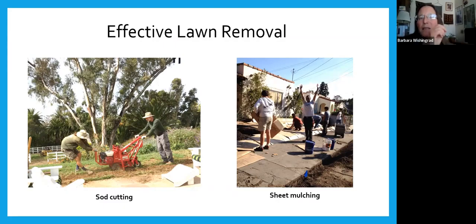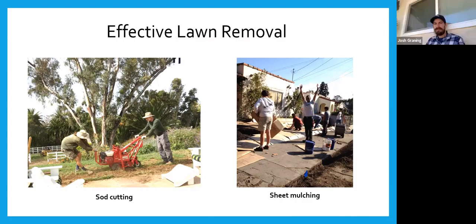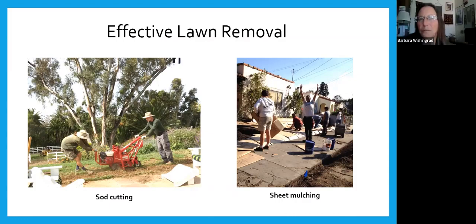But once it peeks its head out, you really have to grab it and get rid of it, or it can just start spreading underneath again. So it's very effective. It's probably like 90%. So is sod cutting, but with sod cutting, you don't leave the carbon in the soil, and with sheet mulching you do.